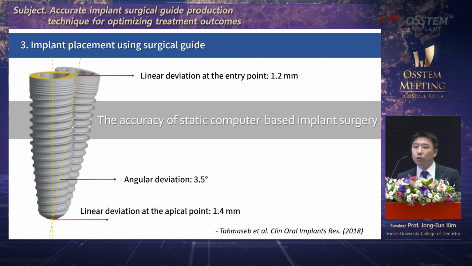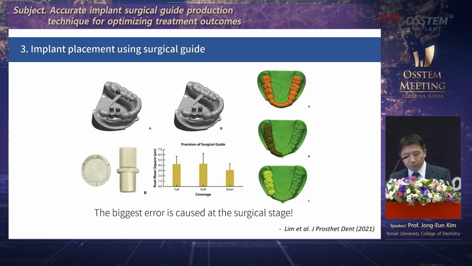As Professor Park has mentioned, there is deviation. If you look at the different studies, and at systematic reviews, in most studies the deviation is above 1 millimeter, and the angular deviation is 3.5 degrees. At a dental clinic, where we address things smaller than 1 millimeter, this is quite a significant error.